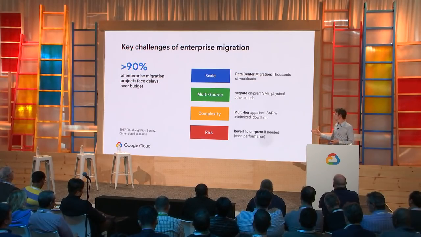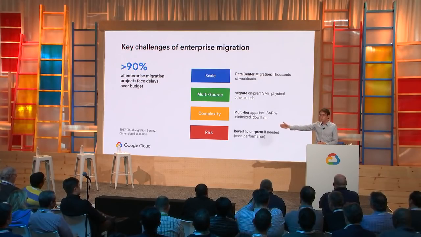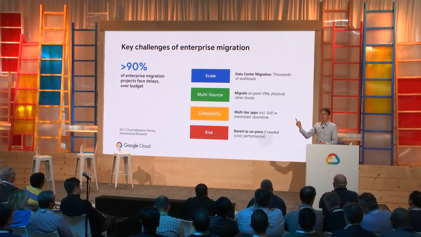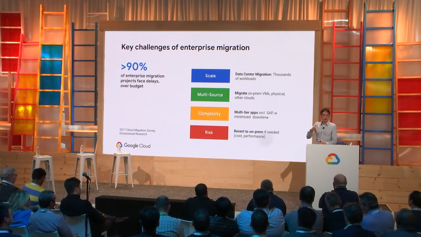And the last part is the risk. When we talk migration, we talk about moving you to the cloud and migrating you. But one aspect that's not often talked about is, well, what do you do if it doesn't work? You want to make sure you can actually go back on premise.